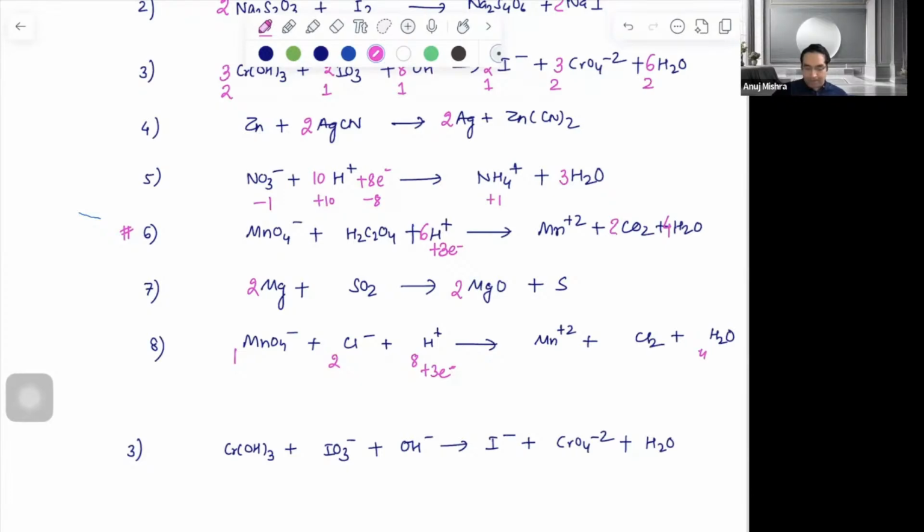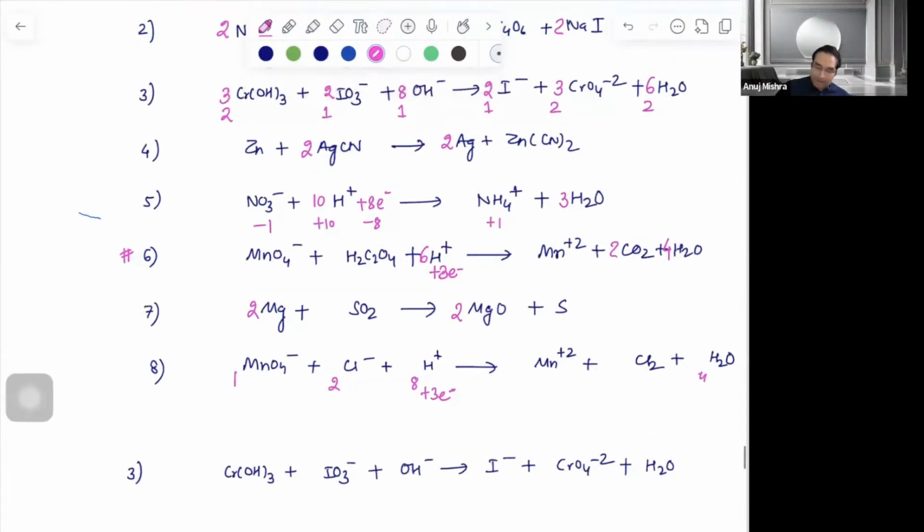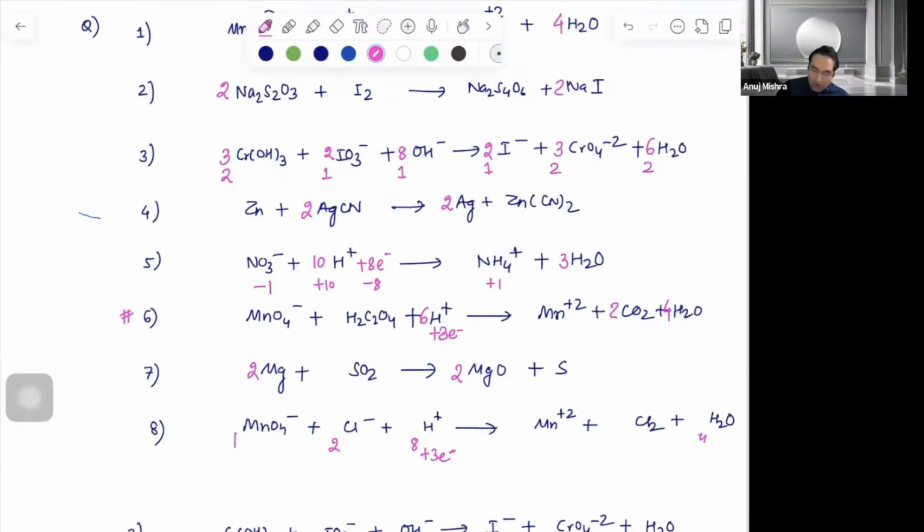Tell me. So it's 2CrOH whole thrice plus IO3 minus plus 4OH minus gives I minus plus 2CrO4 2 minus plus 5H2O. Very good. So this is 2-1, this is 4, that is one correction. And H2O, this is 5. Yeah. Very good. This is the correct answer. Everyone please note down the third one. So he was almost close to the answer, but small changes were to be done.